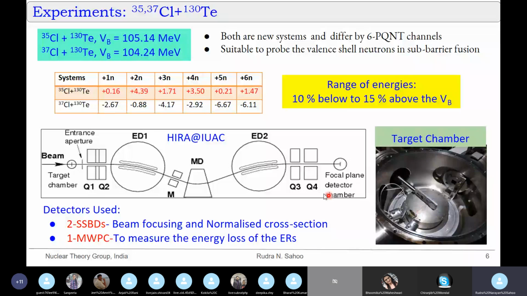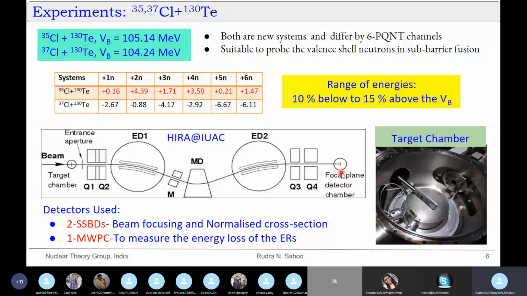After that, when the projectiles collide with the target nuclei, many nuclear reactions occur, and in the outgoing channel we get different kinds of particles. This is a very good setup that transfers the desired particle, whichever particle we want, from the target chamber to the focal plane without losing its energy.